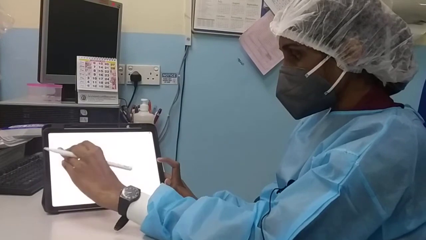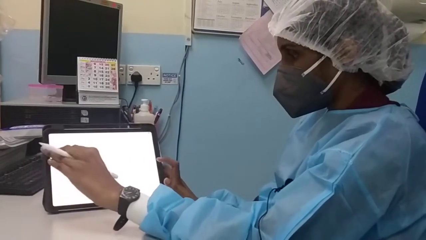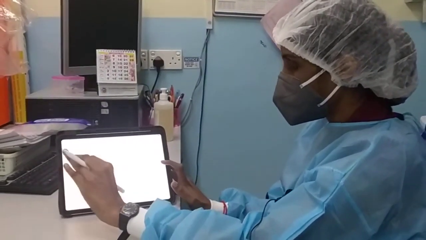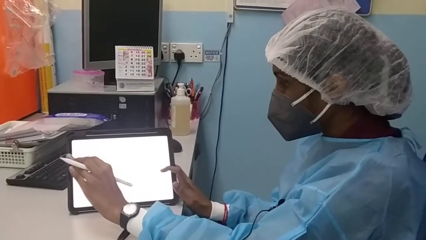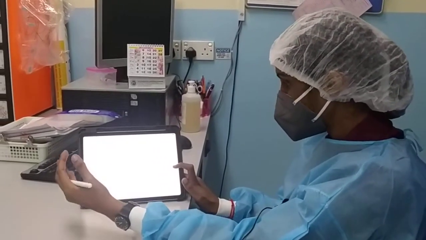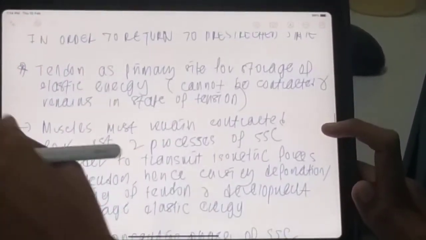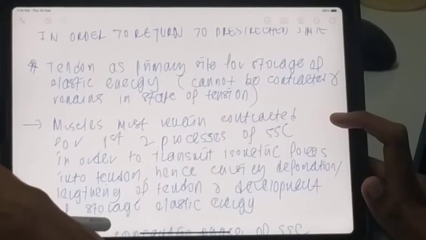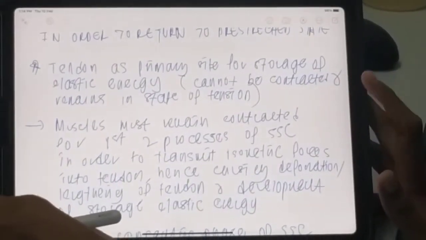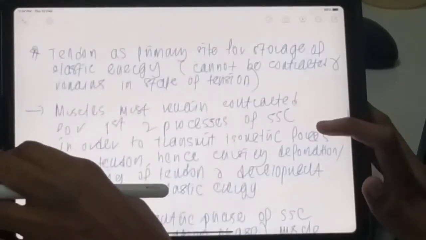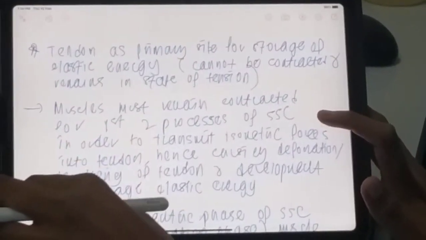It cannot be contracted, and it remains in a state of tension. Usually for SSC, the muscles must remain contracted for the first two phases of SSC, in order to transmit the isometric forces into the tendon, hence causing the deformation and lengthening of the tendon, and the development of stored elastic energy.